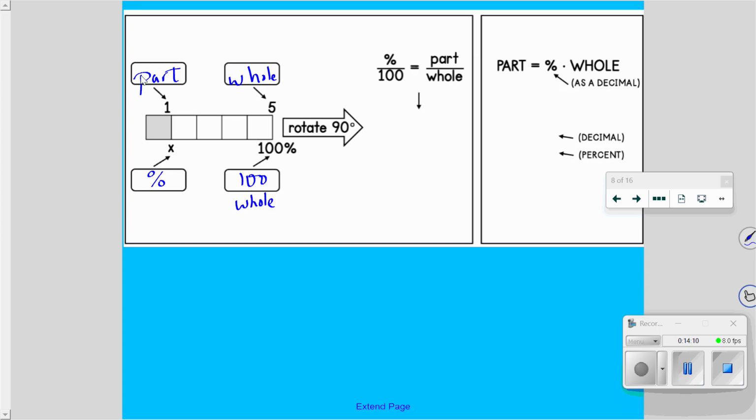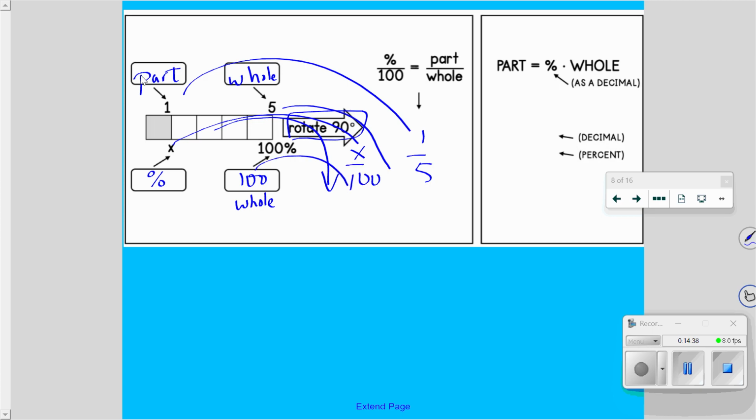Now, here's the rotate 90. I had to look at this for a minute to figure out what they were saying. All they are saying is if I take this entire diagram and I turn this whole thing 90 degrees, I end up with my equation. Because if you look, the 1 flips over here, the 5 flips over here, the x flips over, and the 100 flips over.